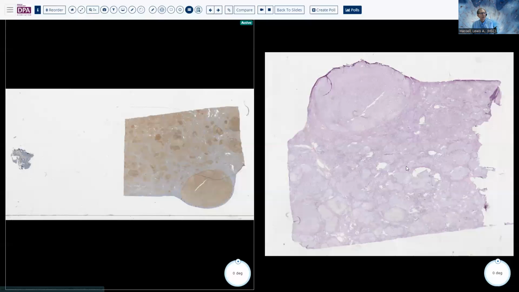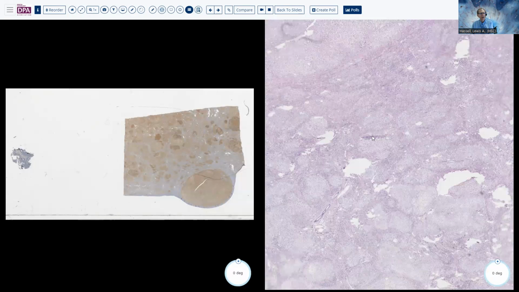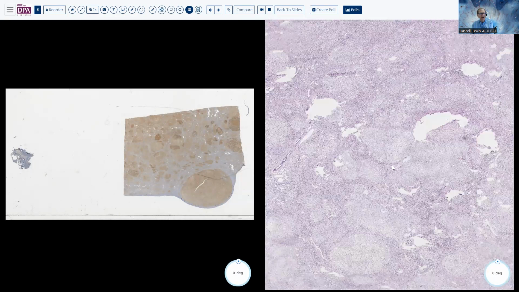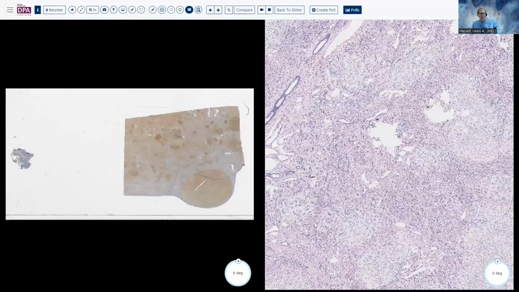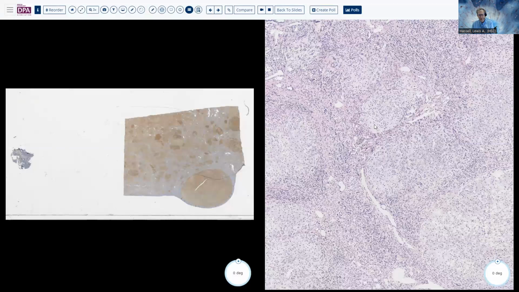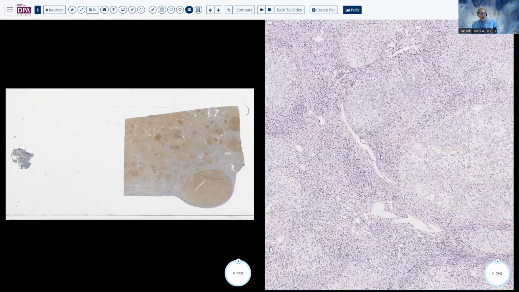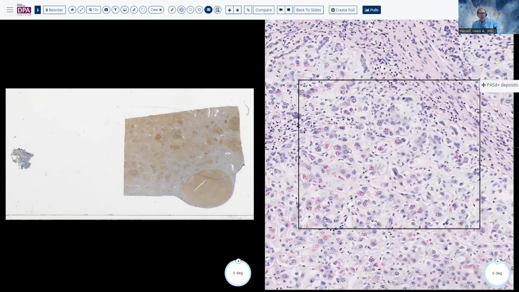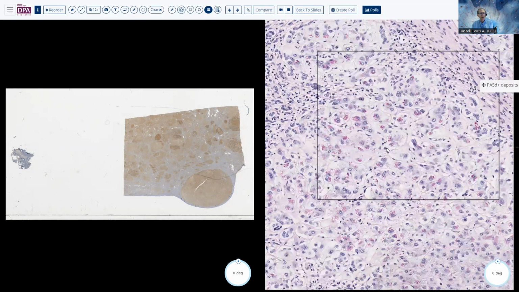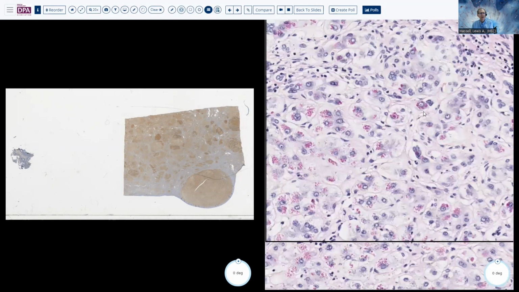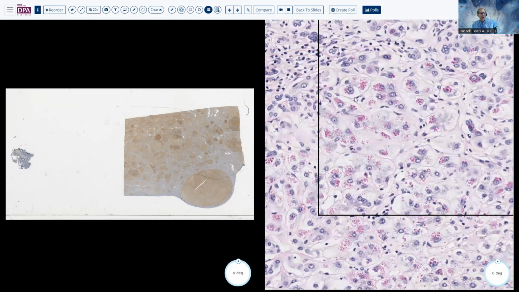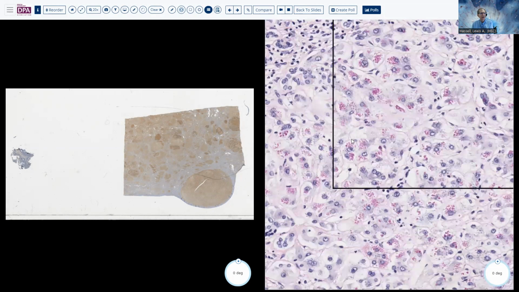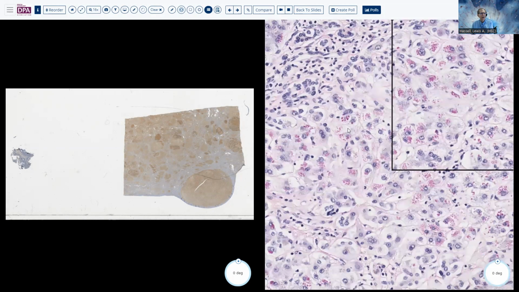So let's take a look at what these look like here side by side. We'll look first at the PAS diastase stain. As you can see, we may look normal here at low magnification, but you've got to go to a little higher magnification. If you look carefully enough, you will see these nice PAS positive globular deposits, and they can be of varying size, small to large.